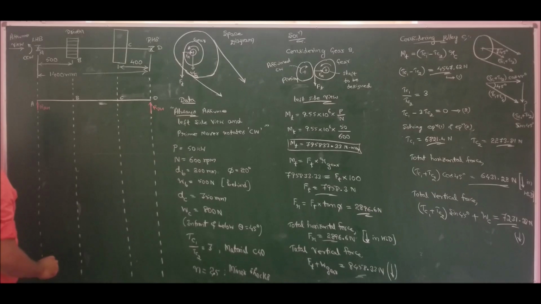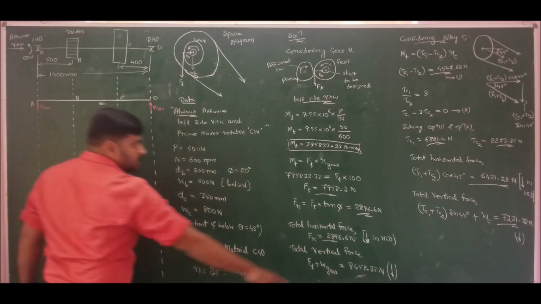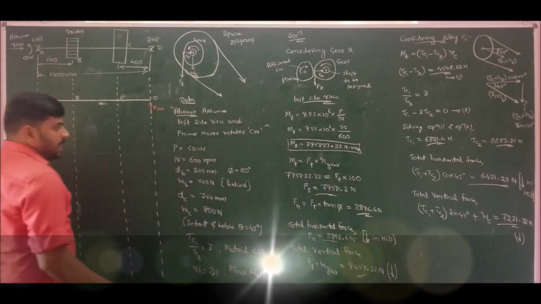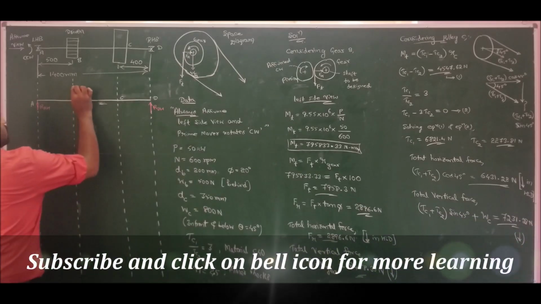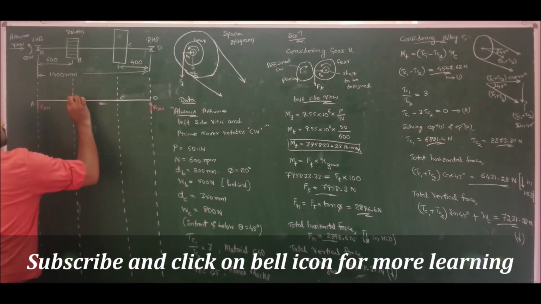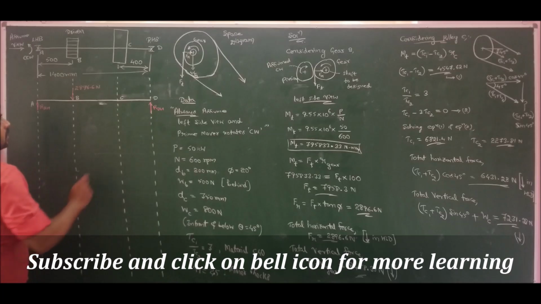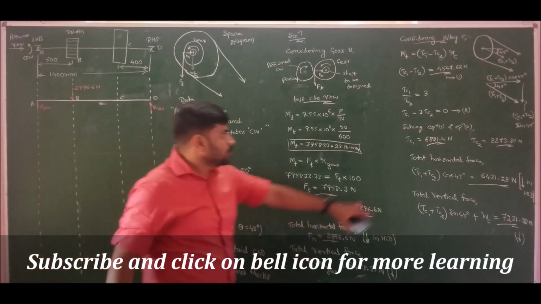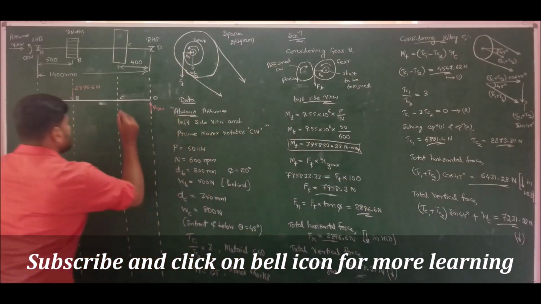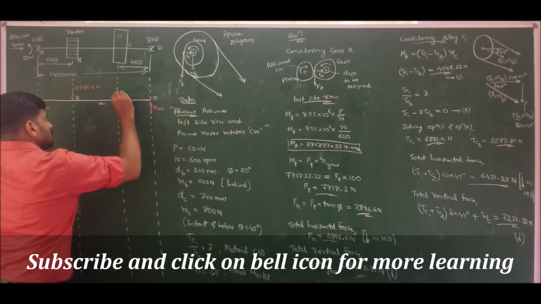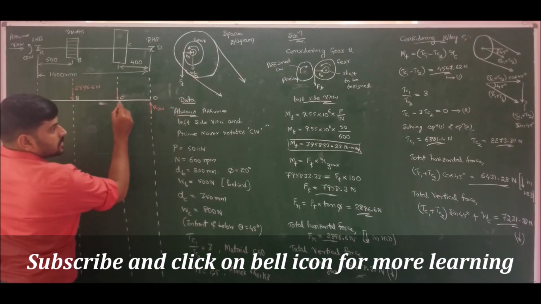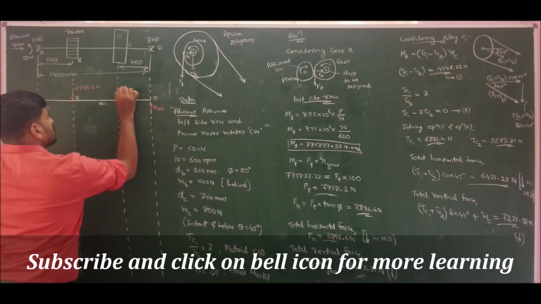From the gear, the horizontal load is 2896.6 acting vertically downwards. From the pulley, the horizontal force is also acting vertically downwards, whose magnitude is 6431.28.